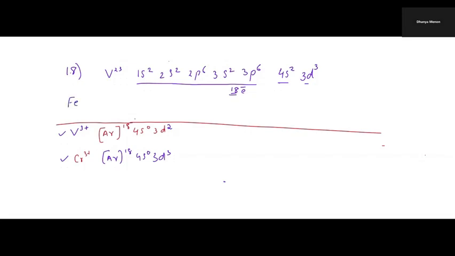Iron, the atomic number of Fe is 26. So that means argon 18, then we have 20, 26.